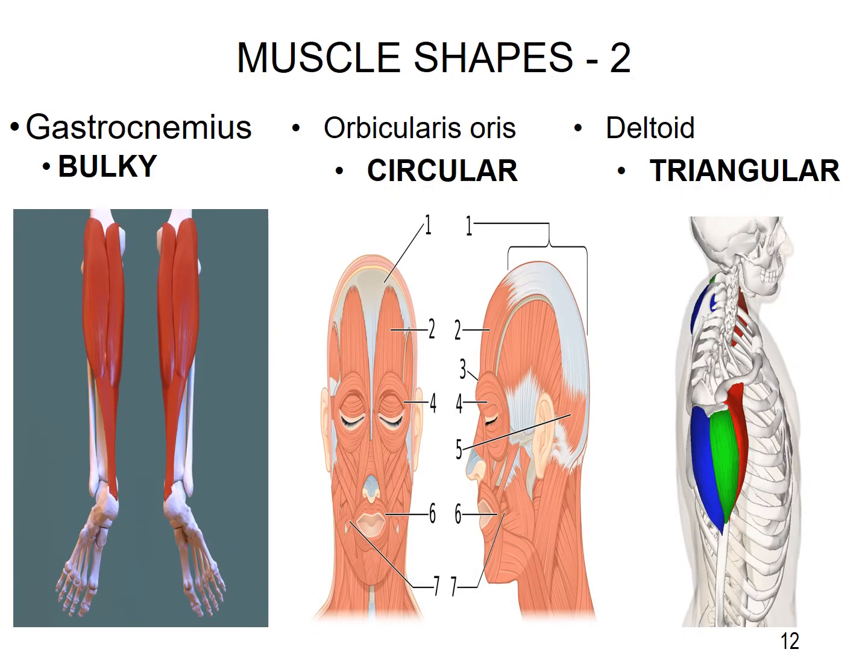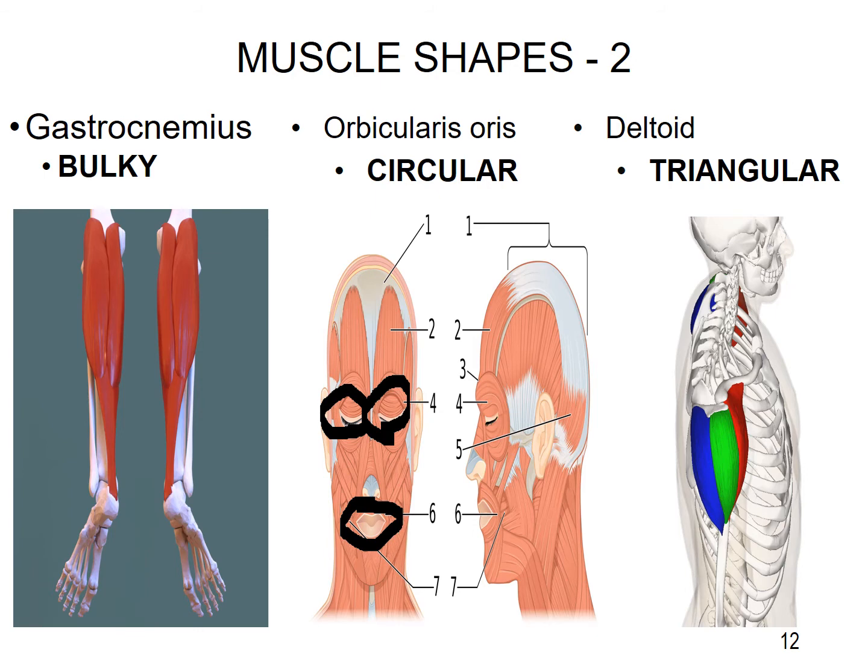Other shapes you'll see are bulky muscles. Picture your calves. Just take a look at your calves. They tend to be big, bulky muscles. One of your calf muscles is called the gastrocnemius. We also have circular muscles throughout the body. For example, we have circular muscles around our eyes that help us squint and wink and close our eyes. We also have circular muscles around our lips that help us move our lips and close our mouth.